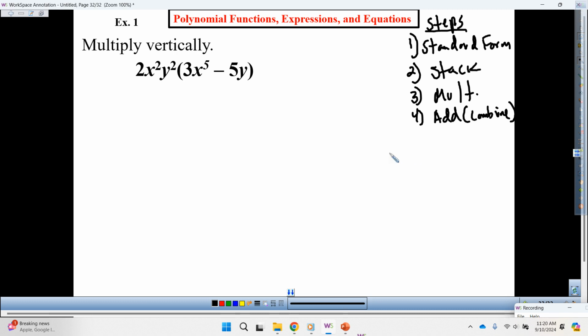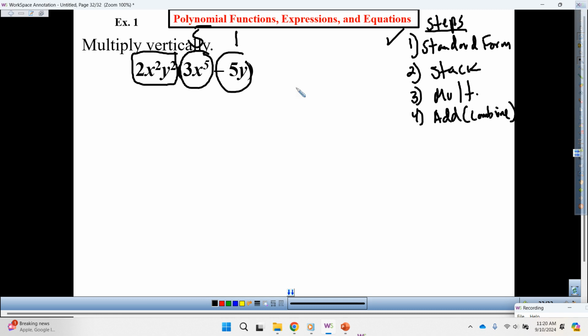All right. So, look up to the screen. This is a monomial, which means it's already in standard form because it's only one term. But this one is 2 terms. So, question, what is the degree of that? 5. What is the degree of this one? 1. Is it in standard form from highest to lowest degree? Yes. So, step 1, done.